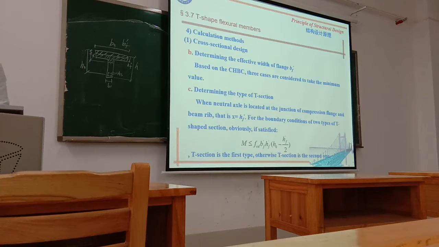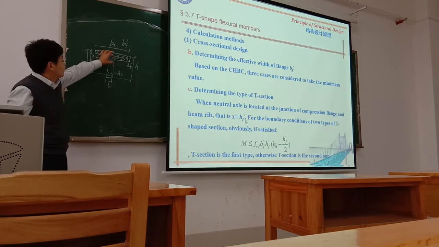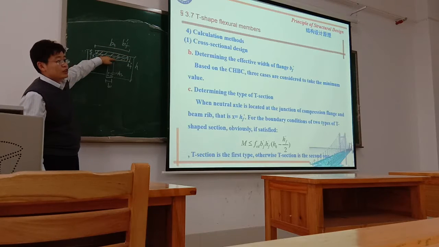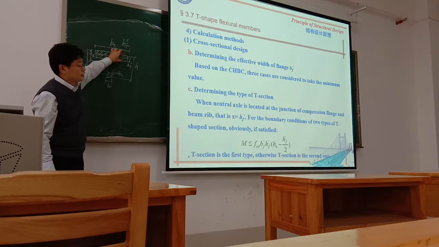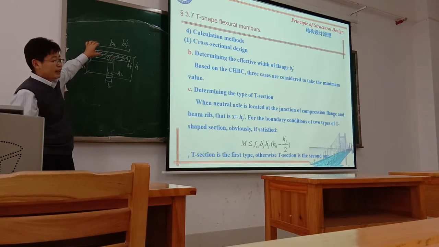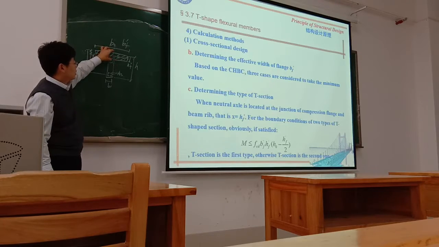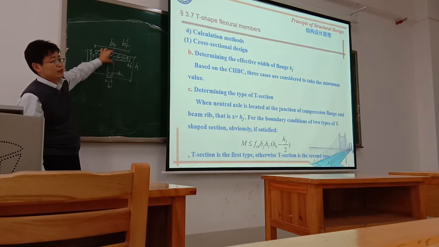And the third step, determining the type of the T section. Use this equation we just derived. This equation means setting the compression height equal to the height of the flange. That is the boundary condition. Once the total flange is in compression, you get this compression force and the moment induced by it.